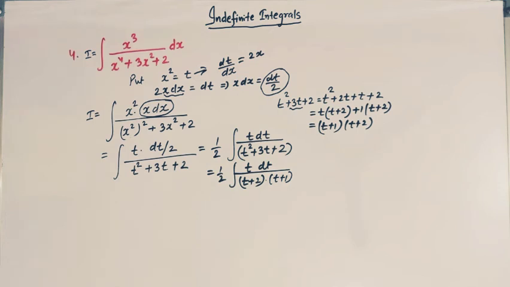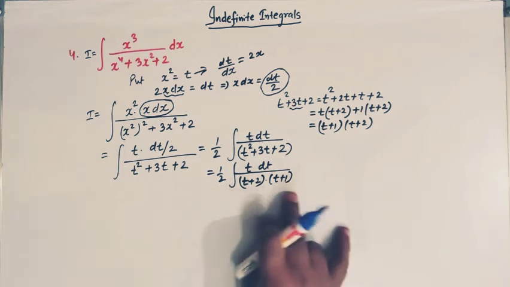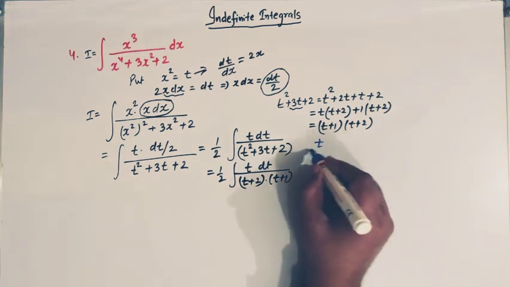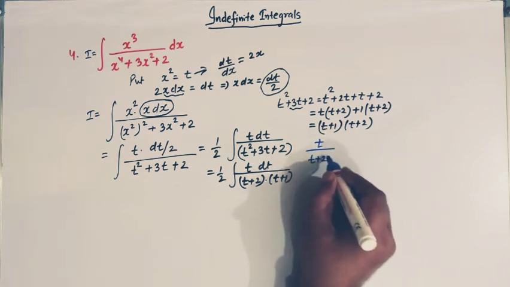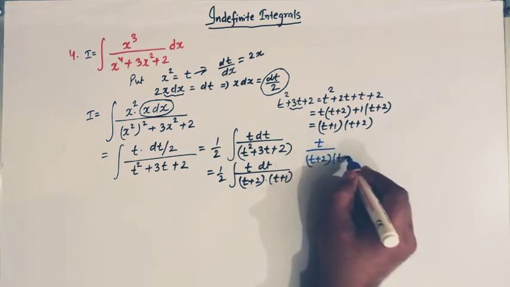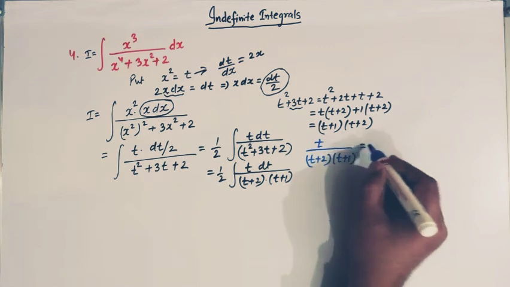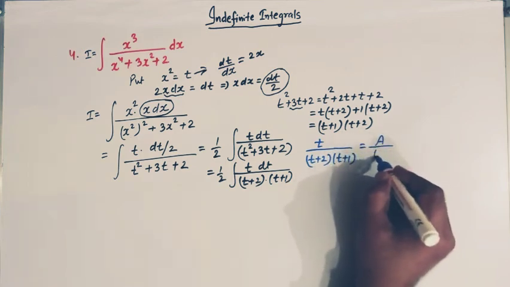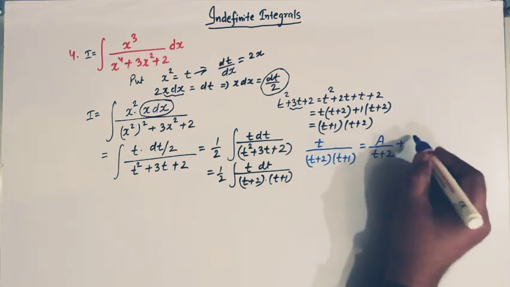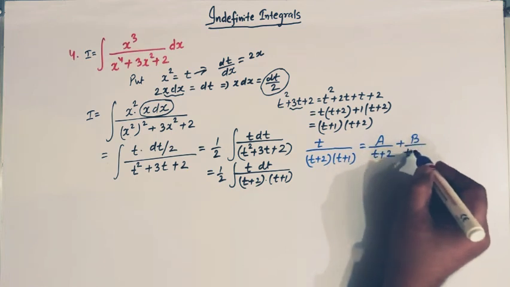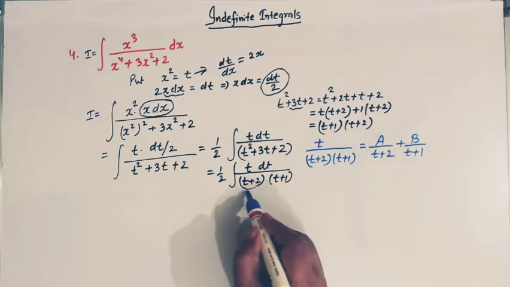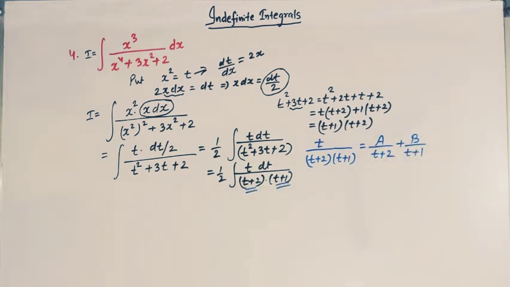Now here we shall make use of the concept of partial fractions, so we can write t over t plus 2 times t plus 1 as a divided by t plus 2 plus b divided by t plus 1, because both are linear factors, right?